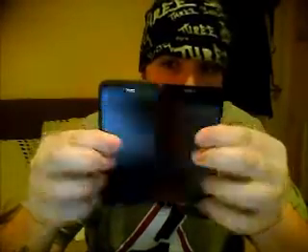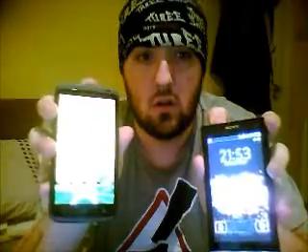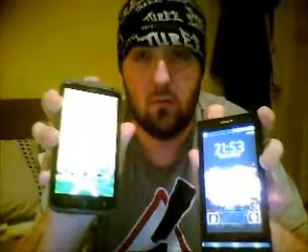The One X is slightly bigger, but it does have less of a bezel around the side of the screen, so you get more of the actual handset for display. Both are pretty comfortable to hold in your hand. The S2 is almost the same sort of size, with a 4.27 inch screen. Again, pretty comfortable to hold in your hand. So not much of a difference there.